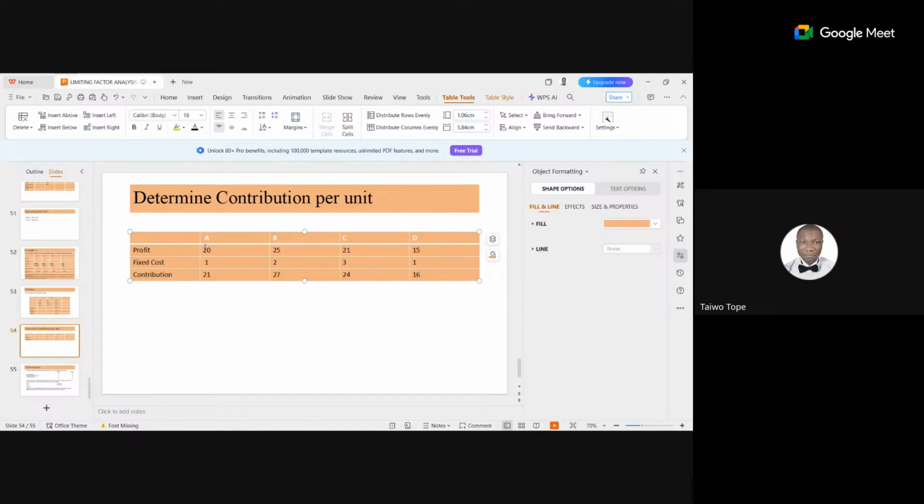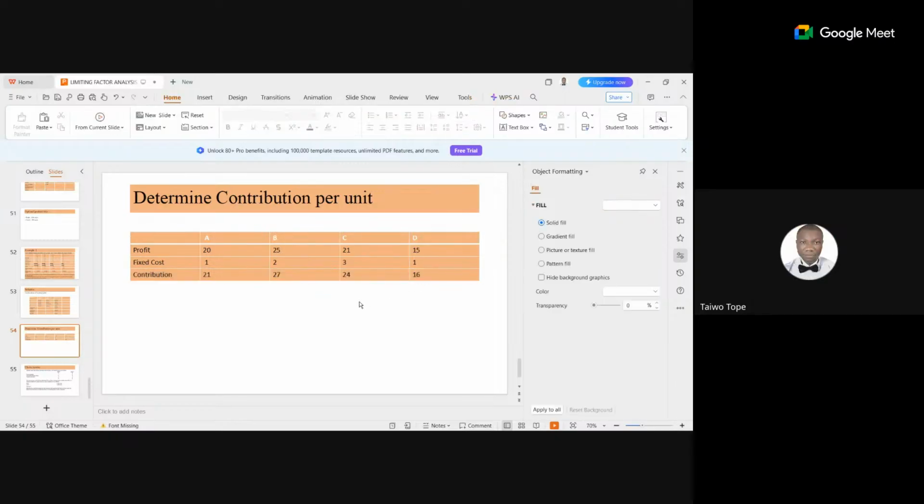The next step is to determine what? Your contribution and limiting factor. Now, hours per unit for each of the products, you divide it by the contribution you determined here. When you do that, you have what?